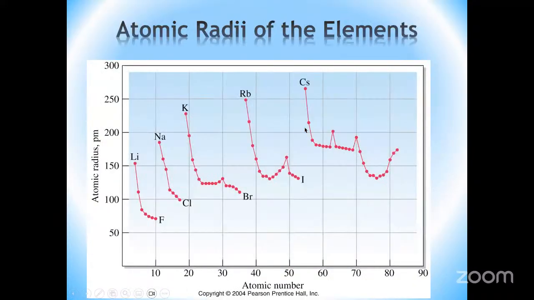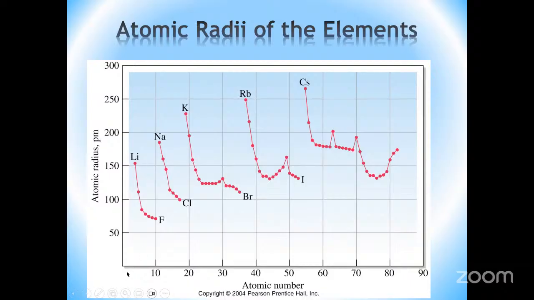Okay, so this graph here basically shows you graphically, of course, the trend that we just described. What you'll find is that when you get to higher periods, like period 3 and beyond, there are some deviations from that trend, but you can clearly see the trend established definitely in periods 2 and 3.